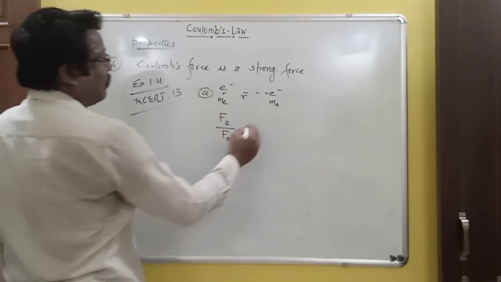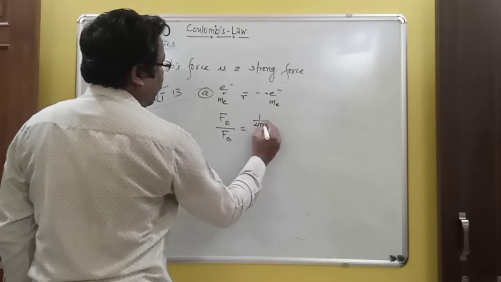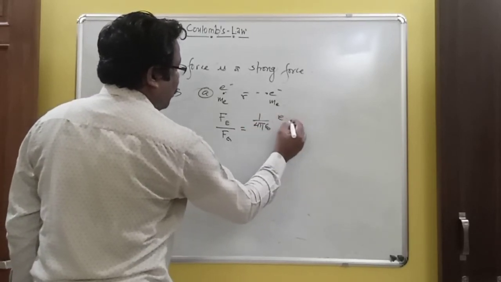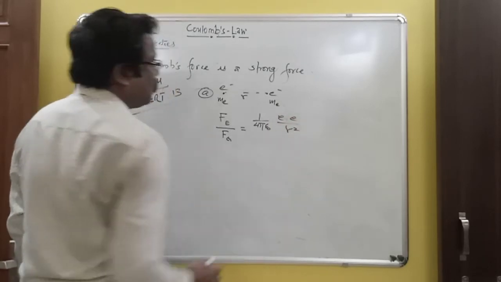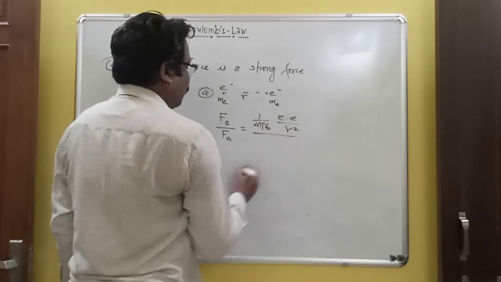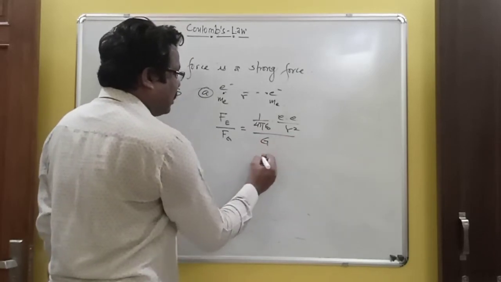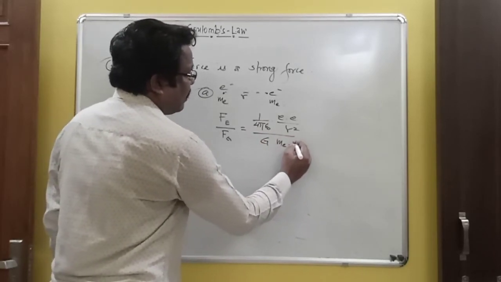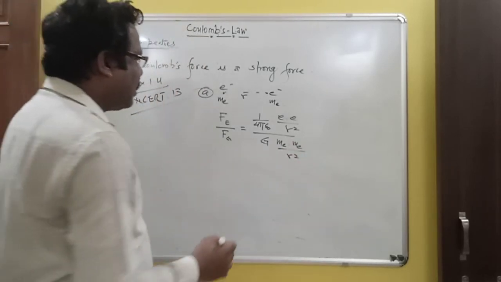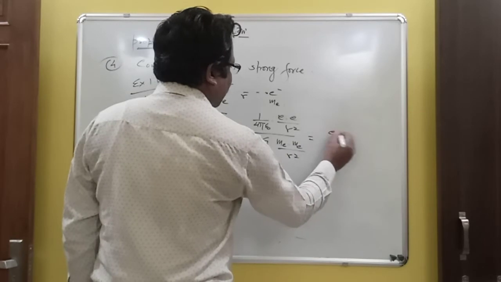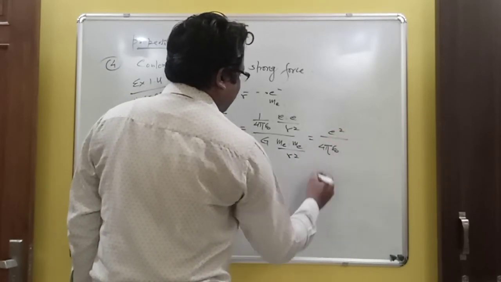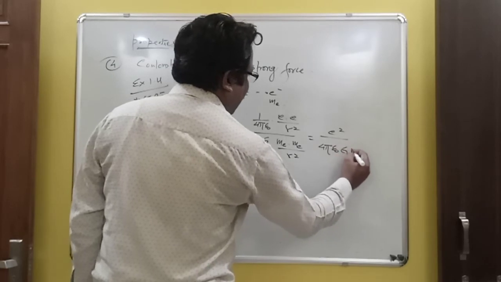This will be 1 upon 4 pi epsilon naught Q1 Q2 by R square, so Q1 Q2 is E by R square, upon the gravitation force, capital G M1 M2, so me by R square. R square cancels out here and what will you get? e square upon 4 pi epsilon naught G me square.